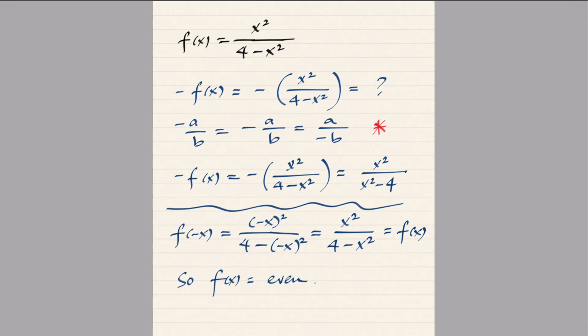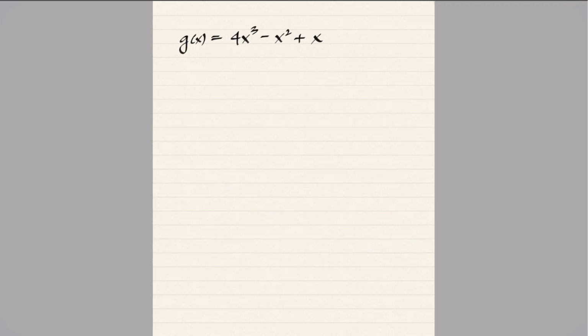Now, if you happen to know the patterns that are lurking in the background, you can answer this kind of question more directly using something like that. But let's look at one more example of this type of problem. Let's say we asked you to assess this function here, find out whether it's even or odd or neither.